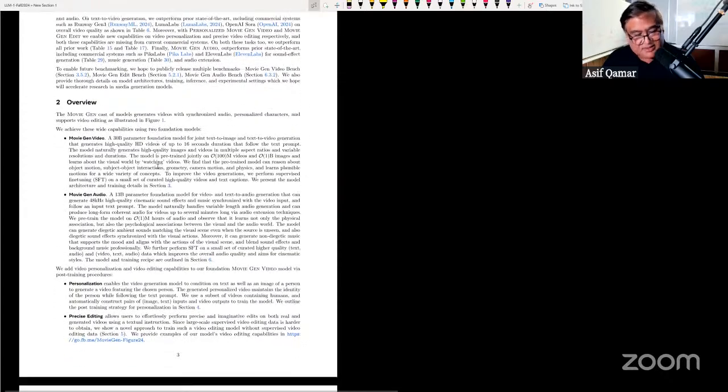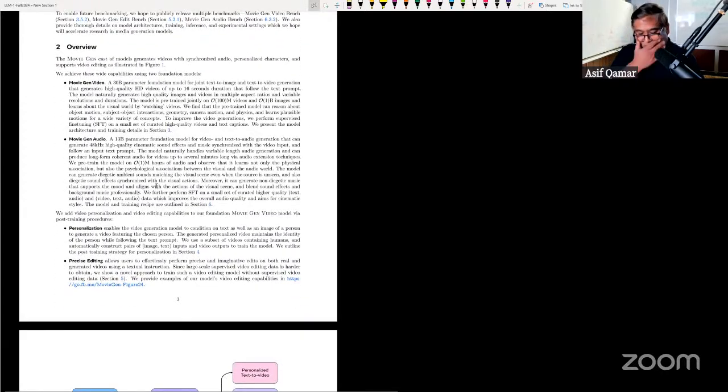So here are the key contributions, which we will talk about, and then we look at the architecture. We achieve these wide capabilities using 2 foundational models, the MovieGen video, a 30 billion parameter foundational model for joint text-to-image and text-to-video generation that generates high-quality HD videos of up to 16 seconds duration that follow the text prompt.